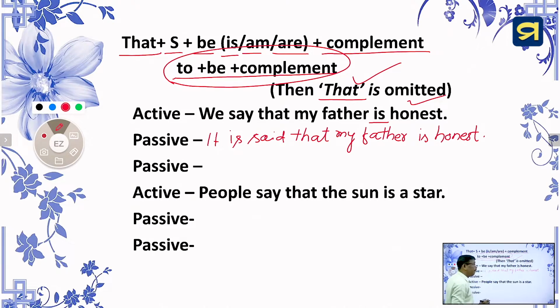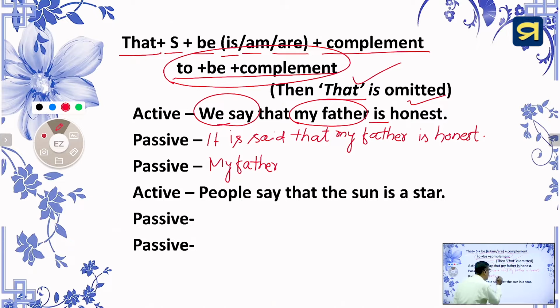But right now we will discuss how we use the subject of the that clause in the beginning of the sentence. My father is followed by "is" because it is in simple present tense, and then the third form of say, "said".